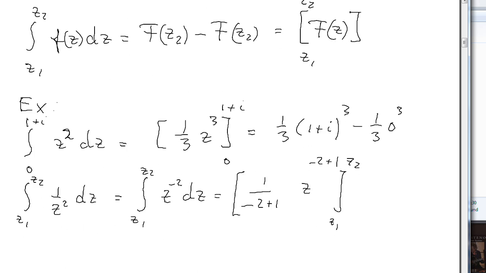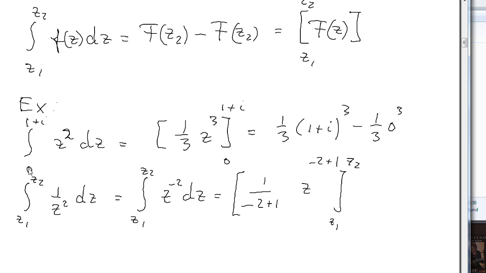For example, if we want to integrate the function z squared from 0 to 1 plus i, z squared has an antiderivative, so the above theorem tells us that the integral must be independent of the path, so therefore this integral makes sense.